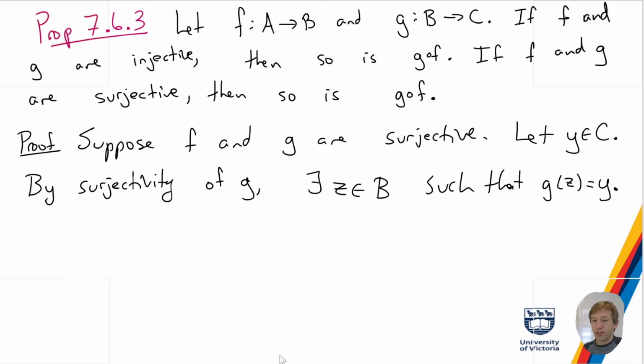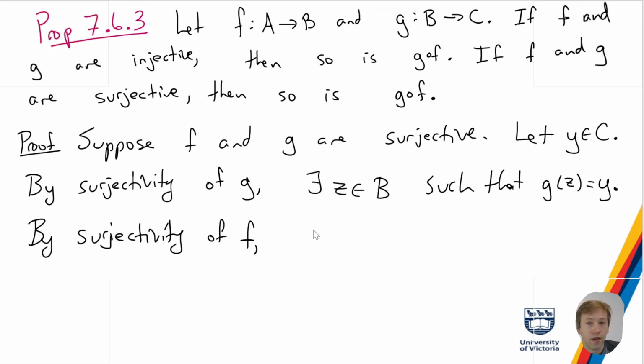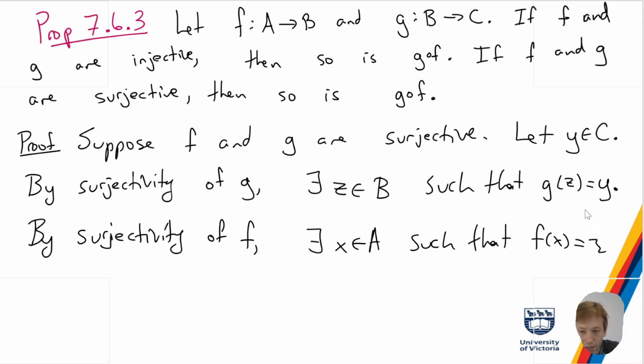That's just the definition of surjectivity applied to g. But then also, since f is surjective, there must exist x in A such that f of x is equal to z. Ooh, that's the world's worst z. Let's rewrite that, z.